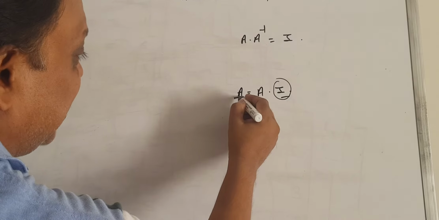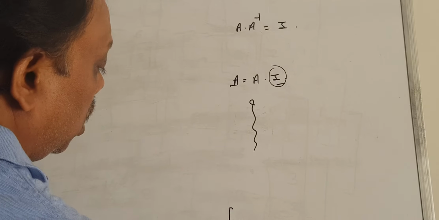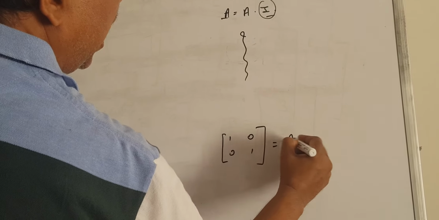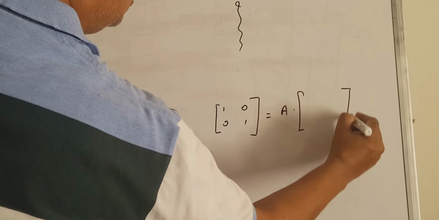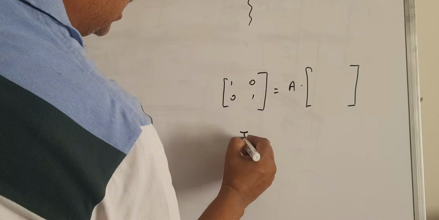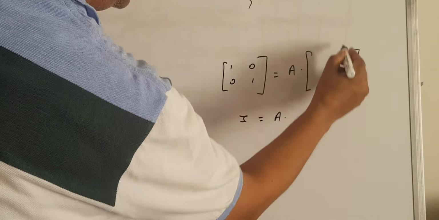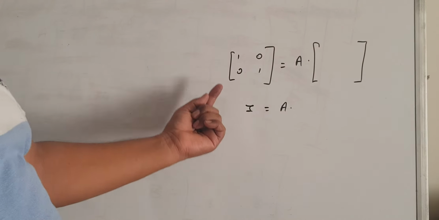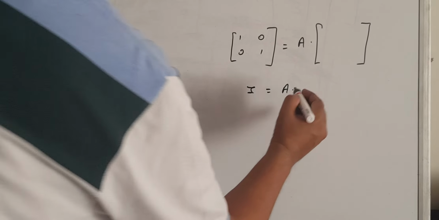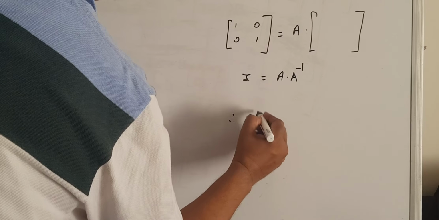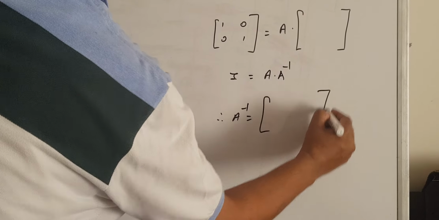And we turn this A into the identity matrix 1 0 0 1, equal to A into the matrix, whatever we obtain. So this is nothing but I. Now when the product of a matrix with another matrix is the identity matrix, that means the inverse of the matrix is this.